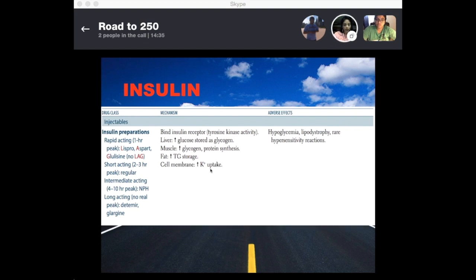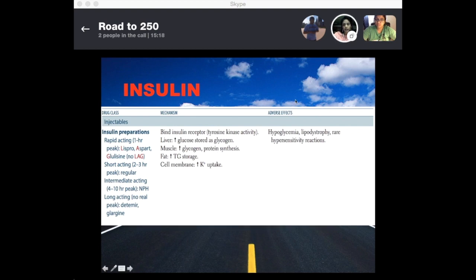The rapidly acting one will peak and then maintain constant levels for about 2 to 4 hours, and the long acting one will reach its effective concentration. I'm confusing myself. The long acting will reach peak levels and then last 24 hours. And then the short acting one would reach effective concentration within 15 minutes and then last 3 to 4 hours. Short acting is usually given with meals, before you eat.